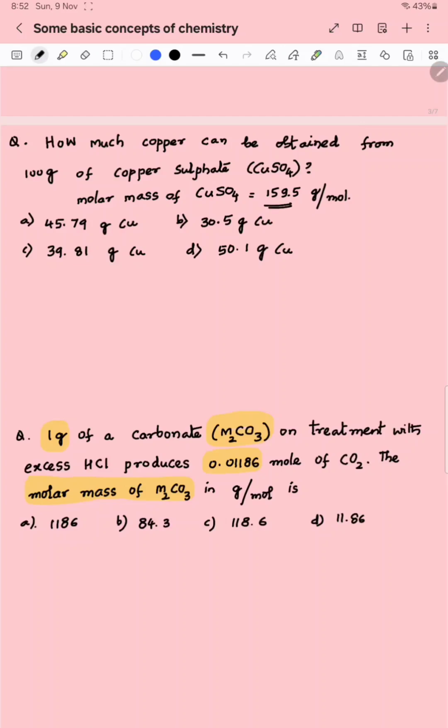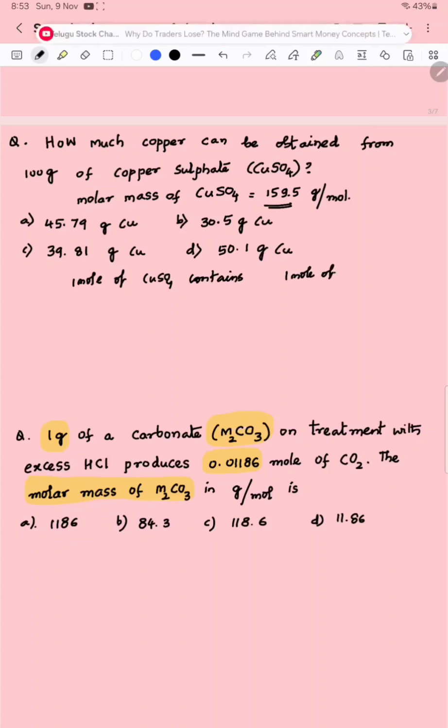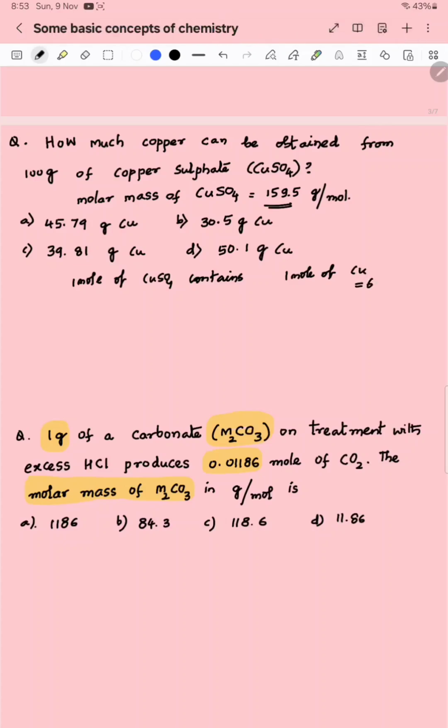Now look at this, student: 1 mole of copper sulfate contains 1 mole of copper, which is equal to 63.5 gram per mole.